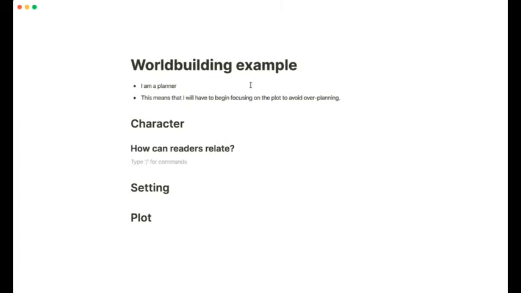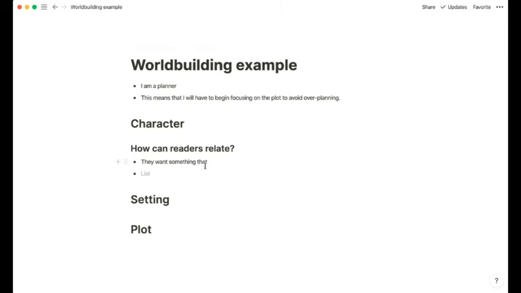So in this example, the character will be able to be related to because they want something that the character also wants, and they also see the characters as real because they react emotionally. And so you've got to think, what does the character want that most people reading would also want?